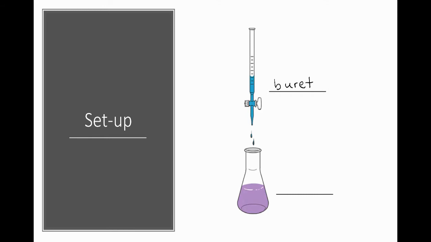It has attached to the side a little piece of plastic called a stopcock. When you twist the stopcock, it allows some of the liquid to drip out of the bottom of the burette. When the stopcock is parallel to the burette, it's open and liquid is coming out. If you turn it so that it's perpendicular to the burette, that will close it off and keep the liquid inside.